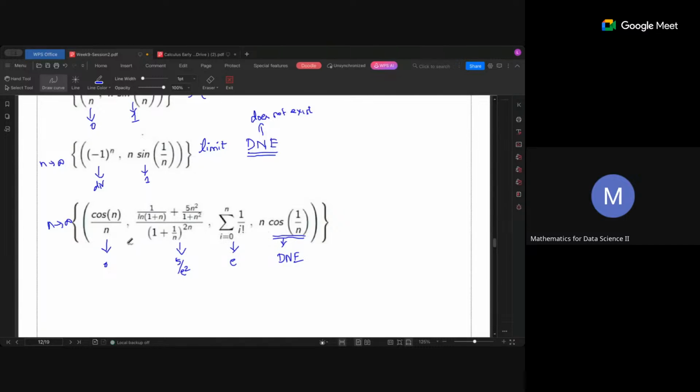It does not work, right? Because here n goes to infinity, and here, as n goes to infinity, this is actually going to 0. So seeing it in this way does not work here. In general, if one of the limits does not exist, the overall limit does not exist.